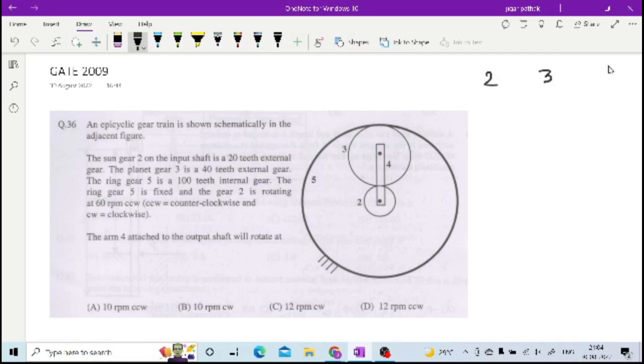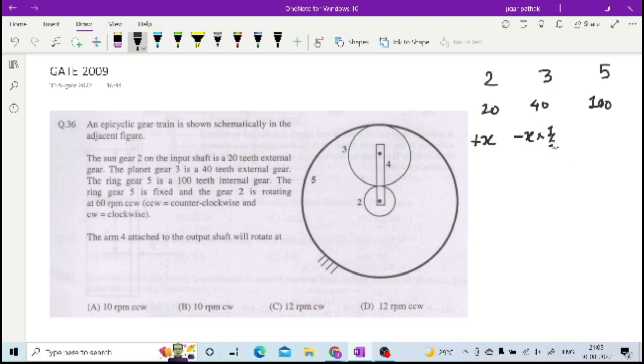2, 3 and 5 are the gears, right? You have motion of these 3 gears. 20 is the number of teeth on gear 2, 40 on gear 3, and 100 is the number of teeth on gear 5. Once you know this, you can start with plus x to gear 2, then minus x into 20 by 40, number of teeth on driver upon driven, so that is 1 by 2, right?